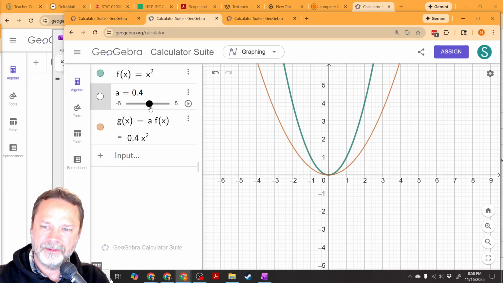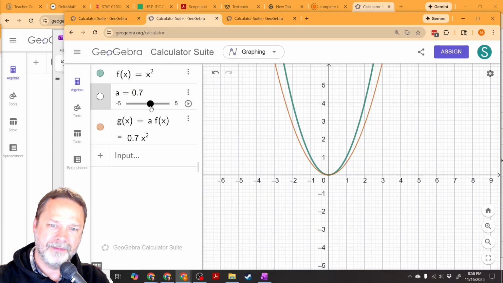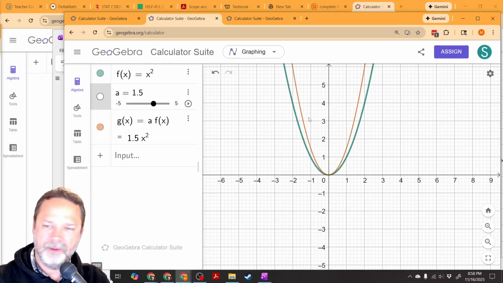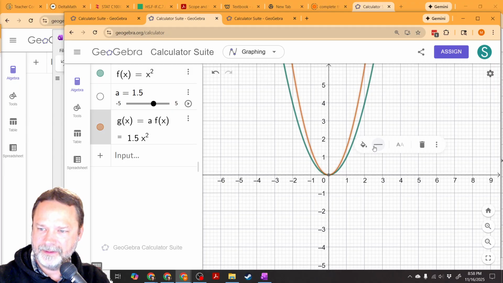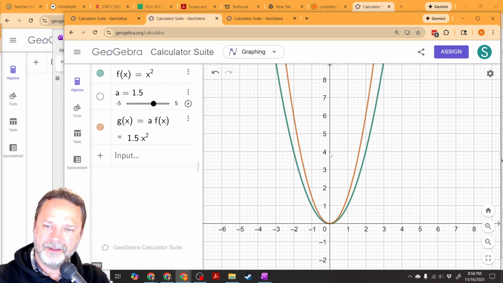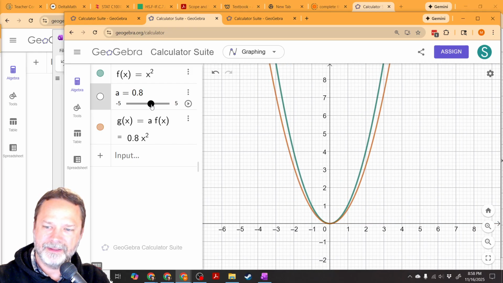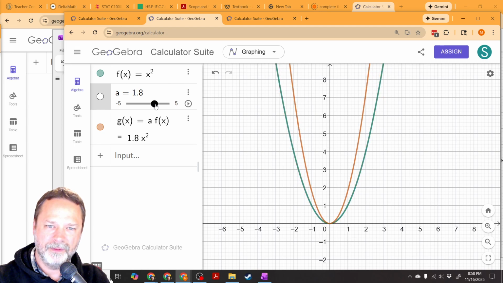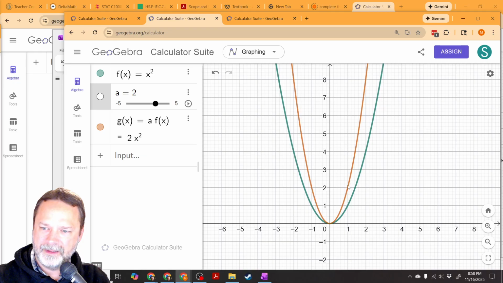So now the green is f of x equals x squared. And the orange, let's make that orange a little bit bigger, make it a little easier to see. The orange, now with a parabola, you can see it very easily. Let's go with 2. Numbers are getting bigger twice as fast, and you can see that. 1 squared is 1.